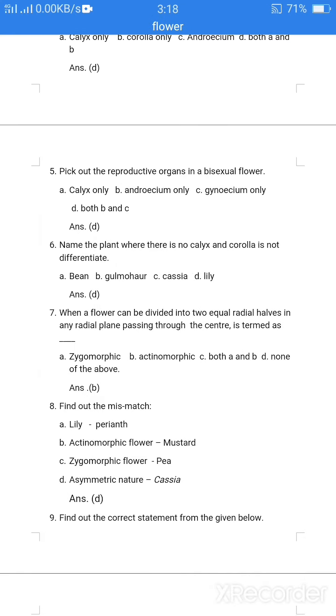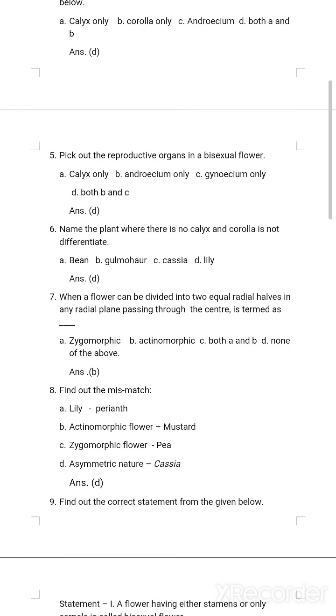Pick out the reproductive organs in a bisexual flower. Option A, calyx only. Option B, androecium only. Option C, gynoecium only. And option D, both B and C. Now let us see the correct option. In the above question we had a discussion about accessory organs.